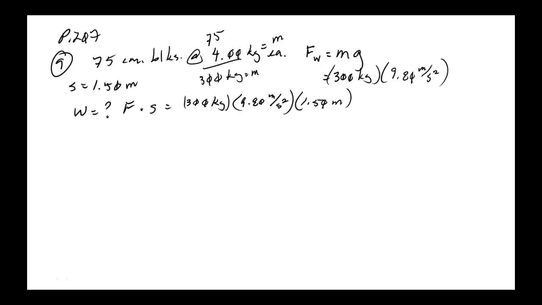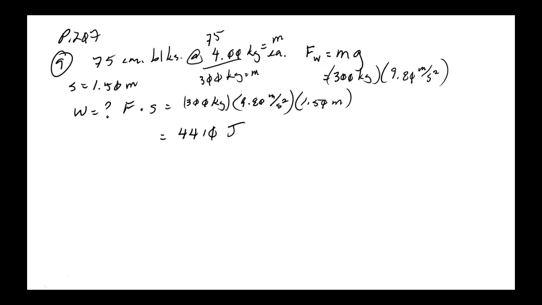So that's a pretty hefty job. Okay, and what would you get there? 4410. And that would be kilogram meter squared per second squared, which is a joule. Perfect. Okay, and that 0 is not significant.